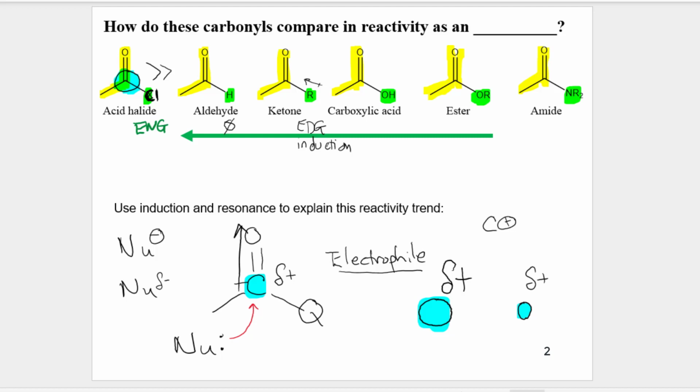So the biggest electropositive group is the acid chloride, followed by the aldehyde. I make that a little bit smaller. I'm going to make this a little bit smaller. In fact, if I made an acid halide or bought an acid halide from a company, once I open the bottle, I would use it immediately.